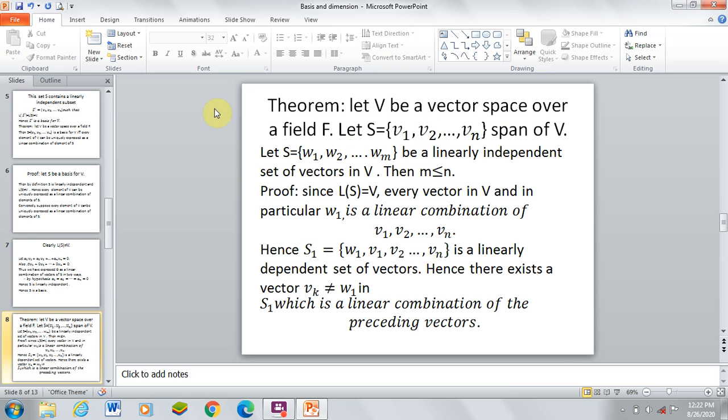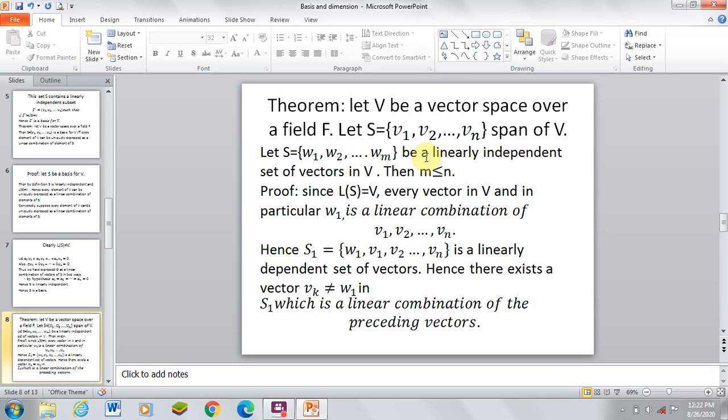Let us see the proof of the theorem. Since S1 spans V, L of S1 equals V. Every vector in V, and in particular w1, is a linear combination of v1 to vn.